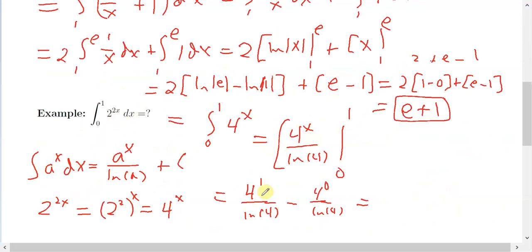And about all I can do there is this is 4, and 4 to the 0 is 1. So I'm going to have 4 minus 1. They both have this common denominator of natural log of 4. I could have pulled it out to begin with, but I didn't. So anyway, you end up with 3 over natural log 4.